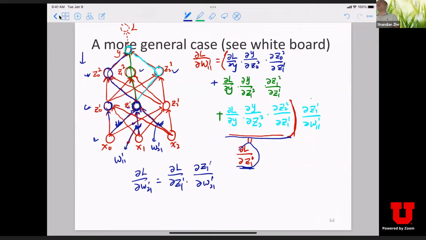So does it make sense? Okay. And don't worry, we're gonna go through a very detailed example to showcase the computation procedure, and you'll get to the details. But here, the general idea is to catch. How to catch that? We just need to catch all the partial derivatives with respect to the neurons of the previous layer.